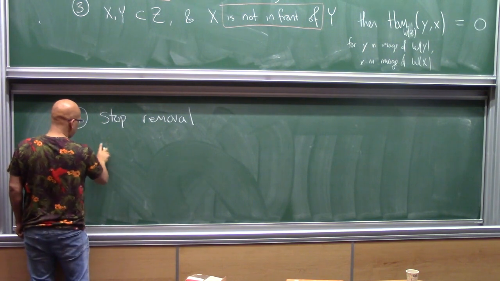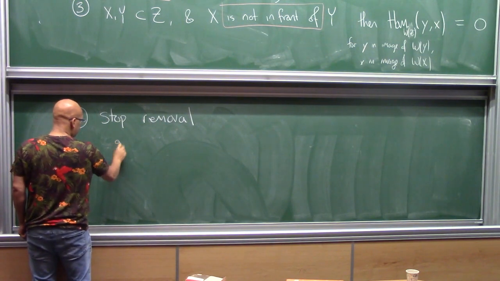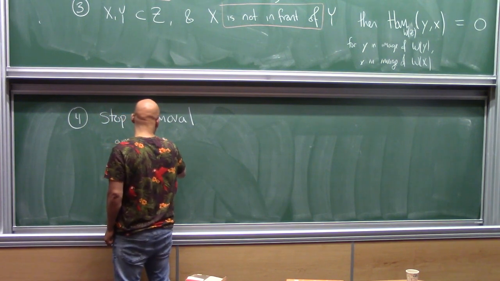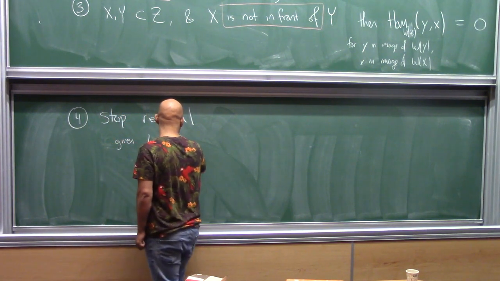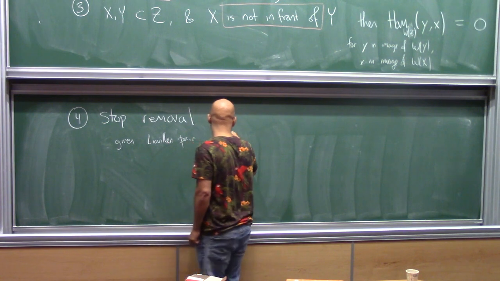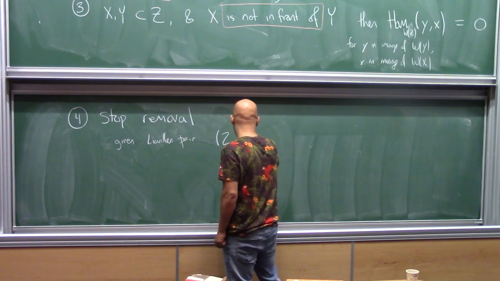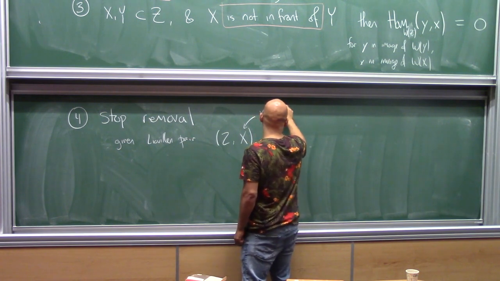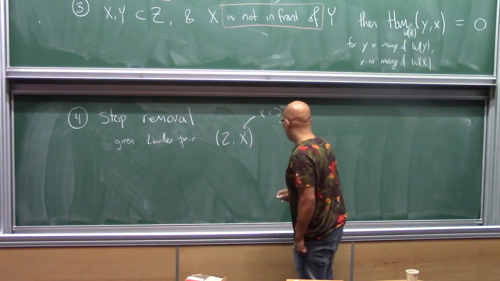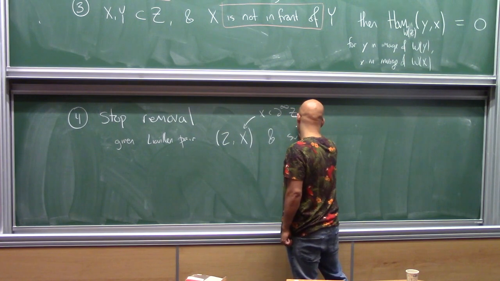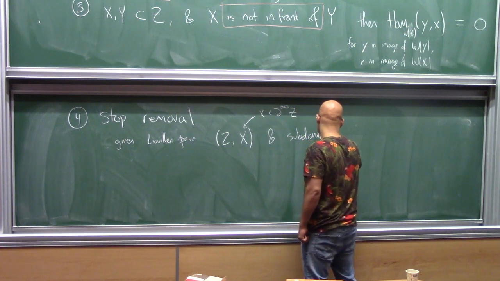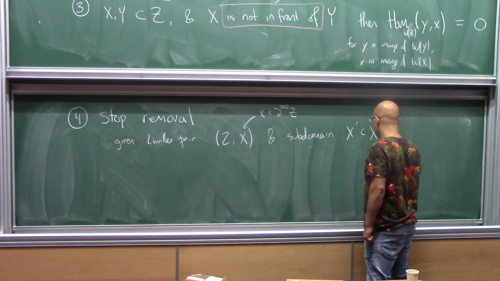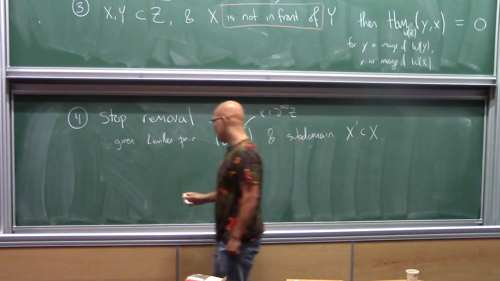So given a Liouville pair Z, X. So this means X is in the contact boundary of Z, and a subdomain X prime of X, Liouville subdomain.